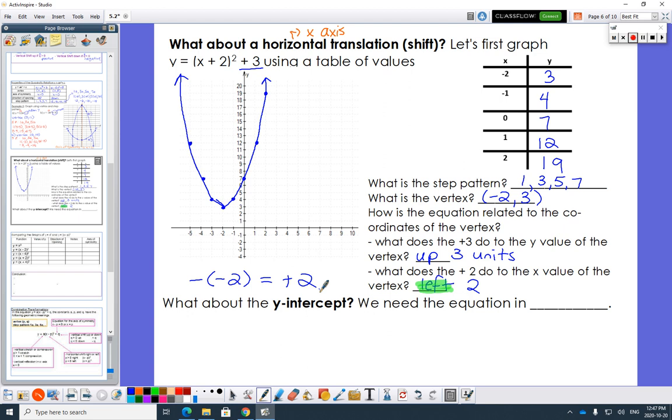If you are asked for the y-intercept, we need the equation in standard form, right? Ax squared plus bx plus c.